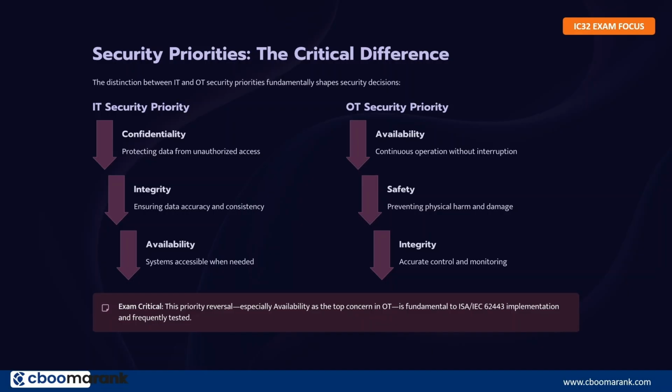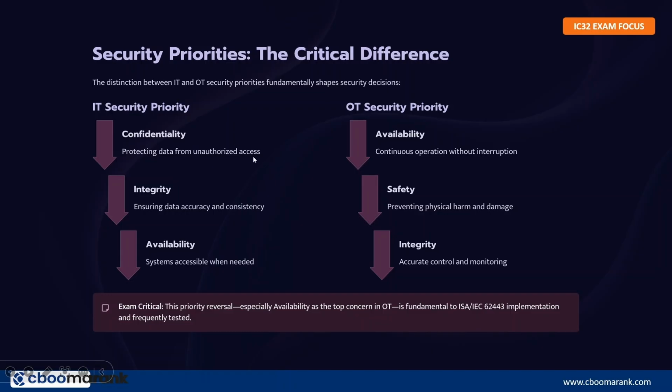That means continuous operation without interruption. While in IT security priority, confidentiality is the first criterion, protecting the data from any unauthorized access. This may apply on both sides, from sender and receiver.